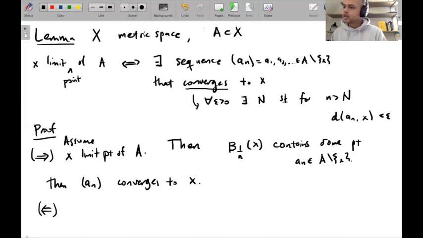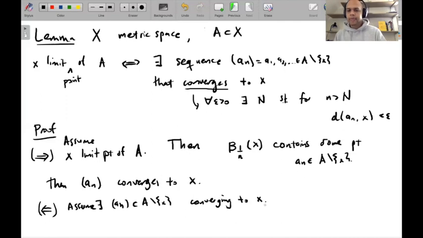On the other hand, so the converse, so let's suppose that, so assume there exists this sequence an converging to x. So an is contained in A minus x converging to x. Okay, so now we want to show x is a limit point. So let's fix U open containing x.